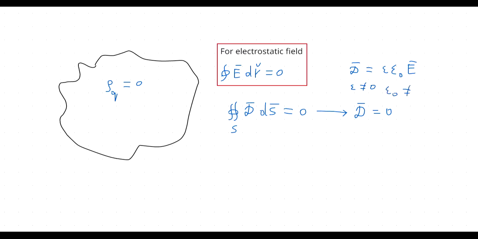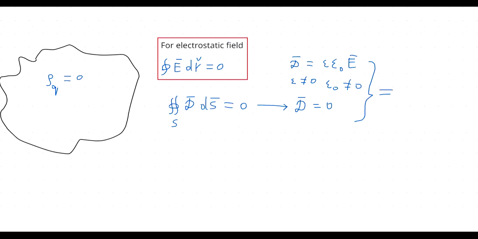And from here we can make a conclusion that inside a conductor the electric field intensity is equal to 0. Okay, do you have any questions about this?